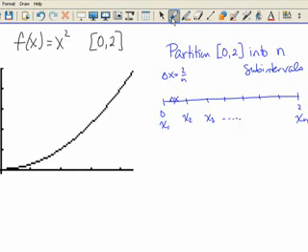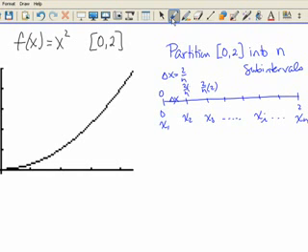So if the coordinate of x sub 1 is 0, the coordinate, thinking about a number line, of x sub 2 would be 2 over n. And then the coordinate for x sub 3 is going to be 2 over n times 2. Okay, and we can extend that. Somewhere out here we have the ith subinterval, somewhere in the middle.